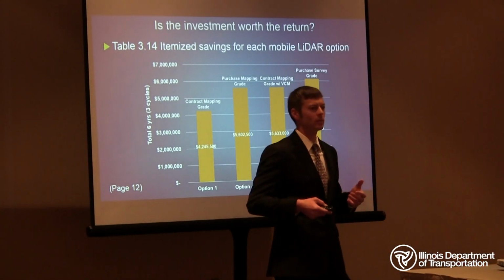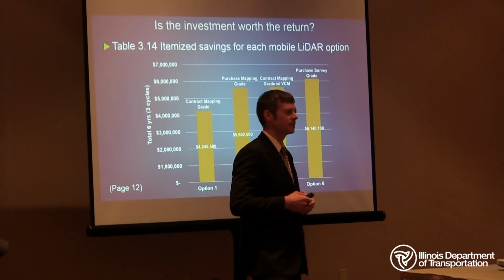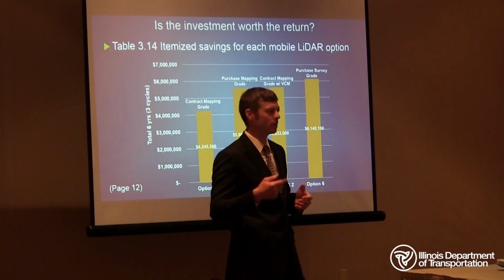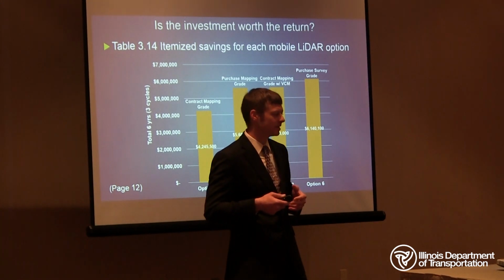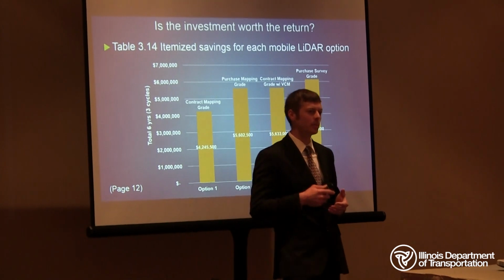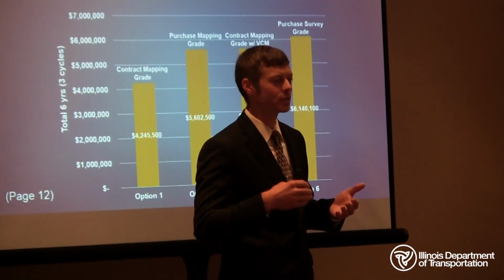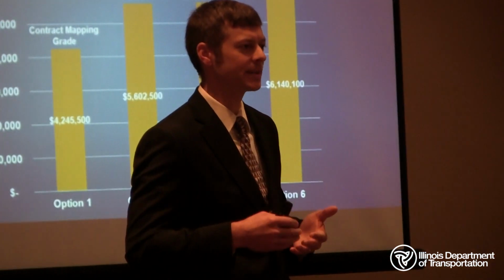So is the investment worth the return? Referring to page 12 in your handouts, you'll see table 3.14, the itemized savings for each mobile LiDAR option. What they first had to determine was how much they were currently paying for conventional or traditional data collection methods for their assets.